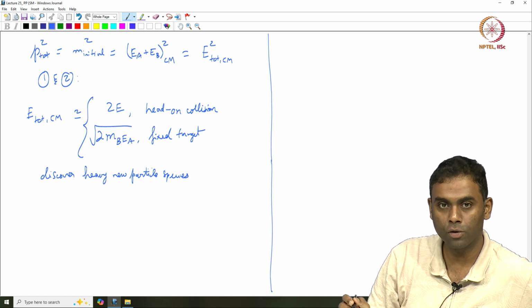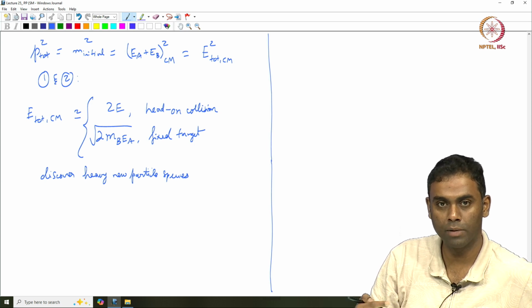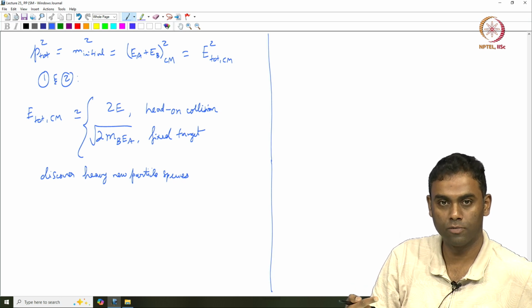I would pick the head on collision configuration. I would pick using a detector where I have beams on both sides and I collide them head on. Okay, that is what I meant by you make the lab frame equal to the center of momentum frame in your configuration itself.